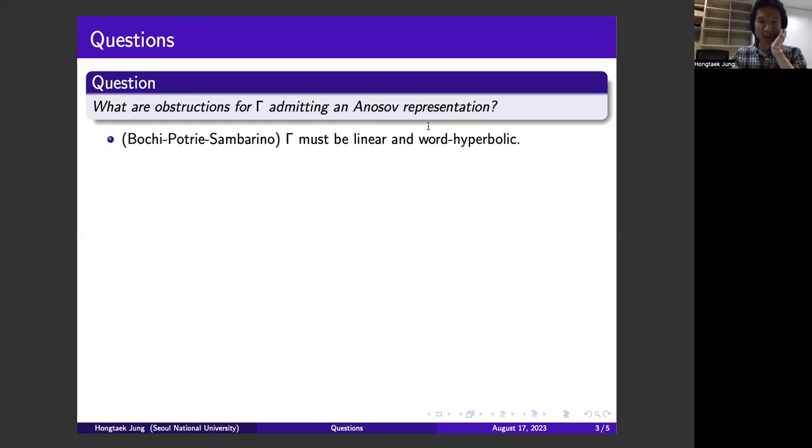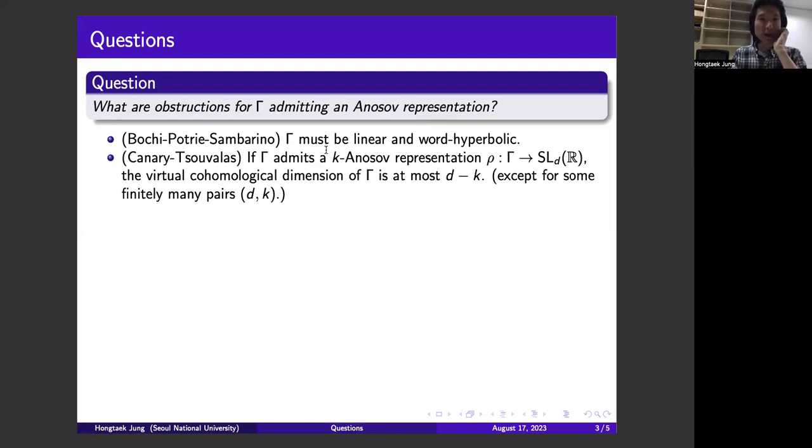And the more difficult part is that Gamma must be word hyperbolic. In our survey lecture, I always assumed that the domain group Gamma is word hyperbolic. But in the definition that I gave you in this talk, I didn't assume that Gamma is word hyperbolic. At the end, though, Gamma must be word hyperbolic if it admits an Anosov representation. This is the very first obstruction.